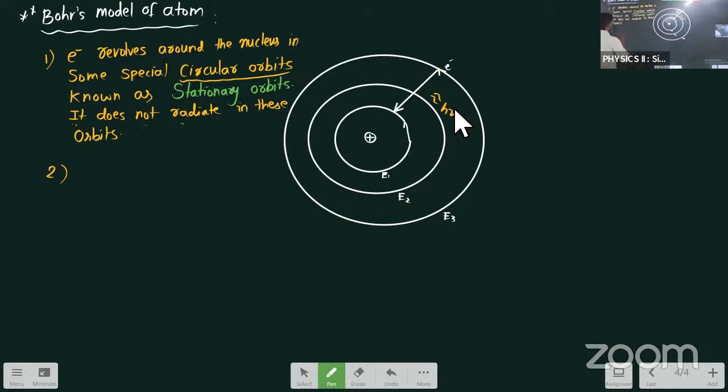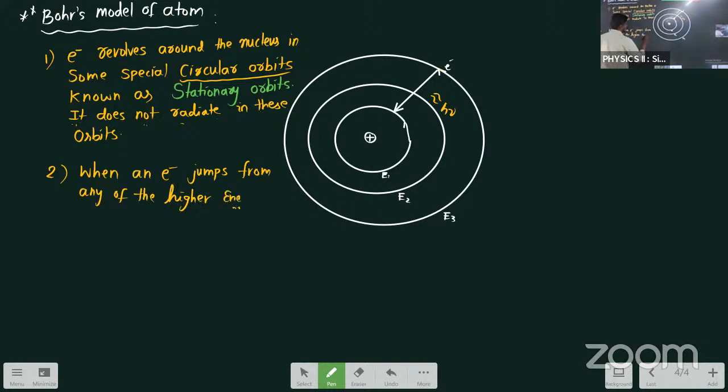The second postulate of Bohr's model of atom: when an electron jumps from any higher energy orbit to any lower orbit, it emits radiation of energy delta E equals h into nu.